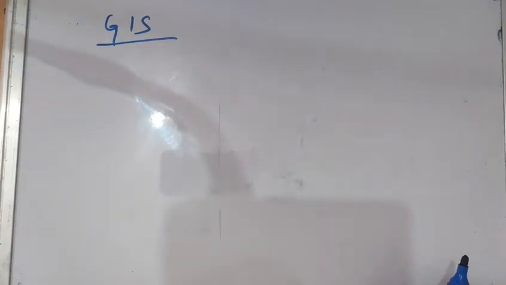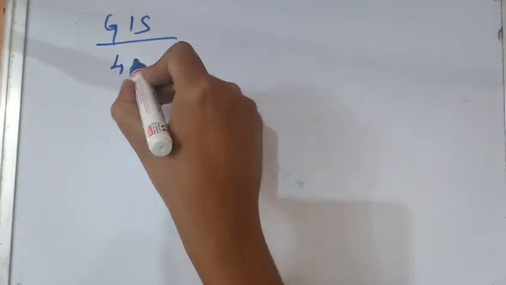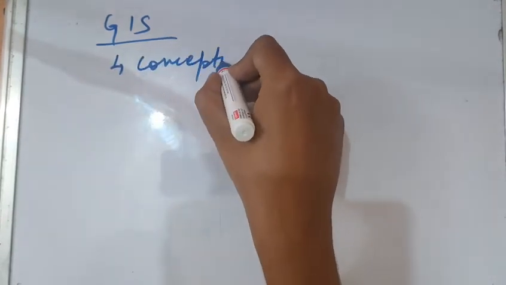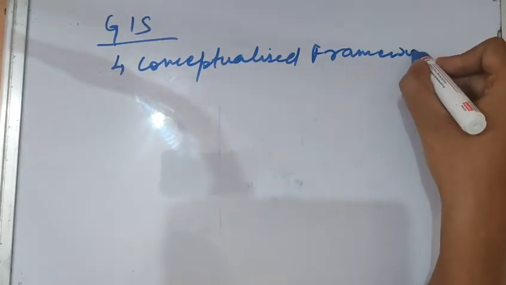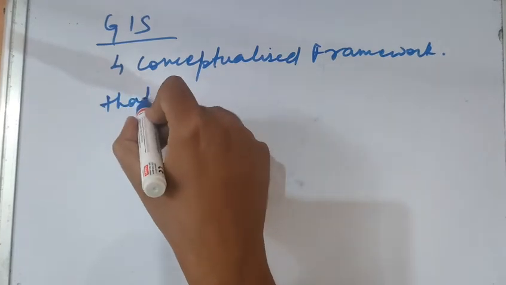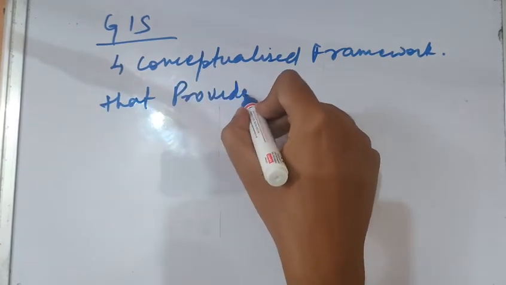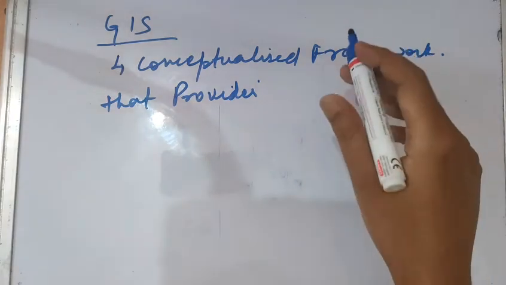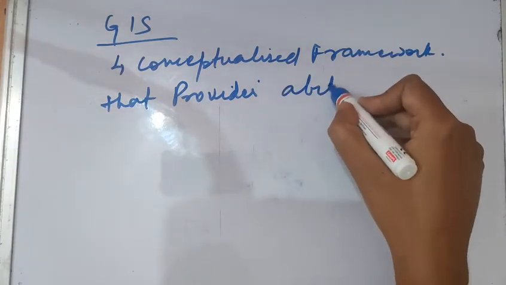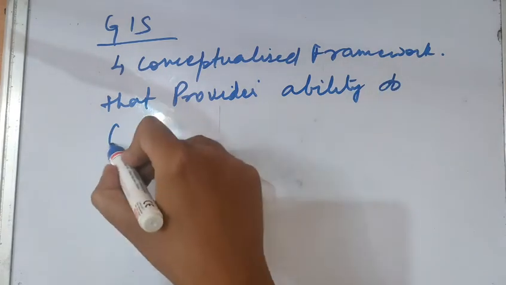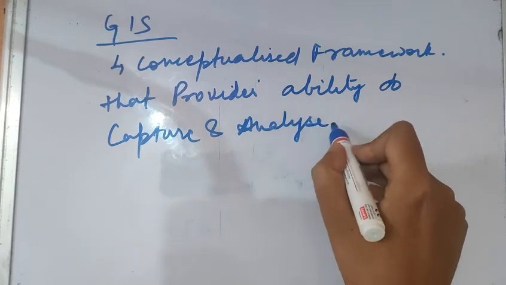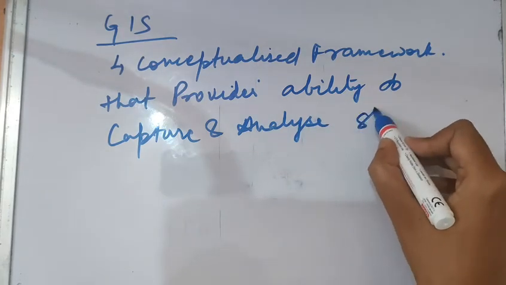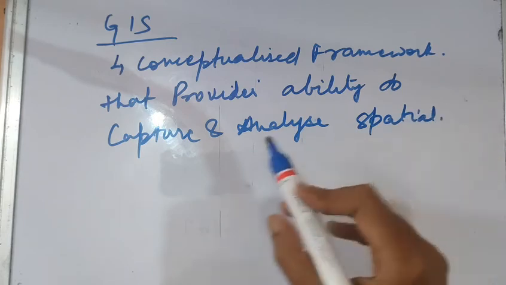Moving on to GIS. What is GIS? It is the Geographical Information System. It is a conceptualized framework that provides the ability to capture and analyze spatial and geographical data.